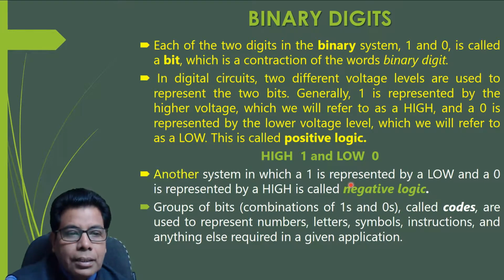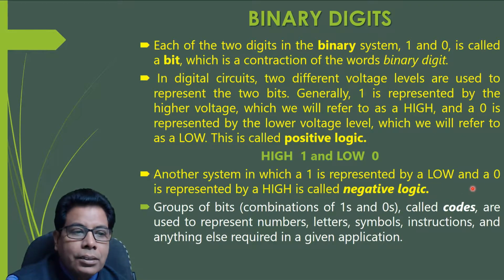Then there is another system in which 1 is represented by low and 0 is represented by high. That is called the negative logic. So it is just opposite to the positive logic. In negative logic, high will be 0 and low will be 1.